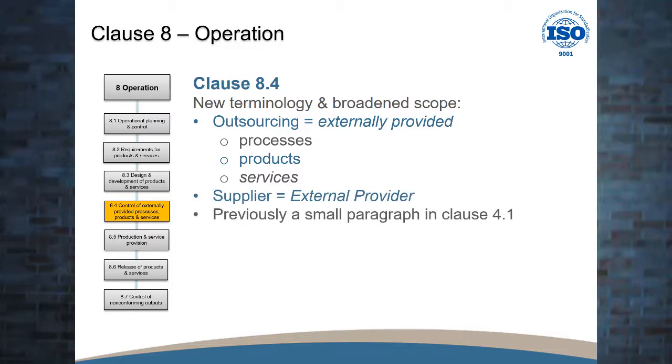There's a small paragraph in 4.1 in the 2008 version, and now that particular very small citing has been moved to where I believe is best suited, which is 8.4, and a bit more expansion to what we mean by external provider or external resource or externally provided.